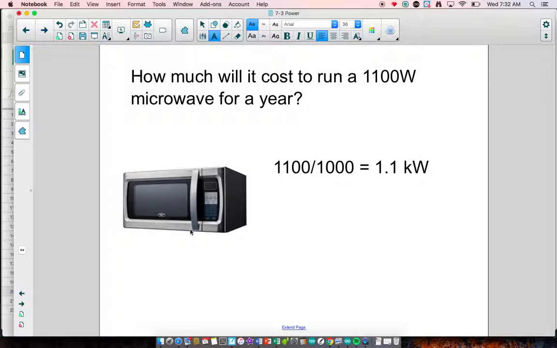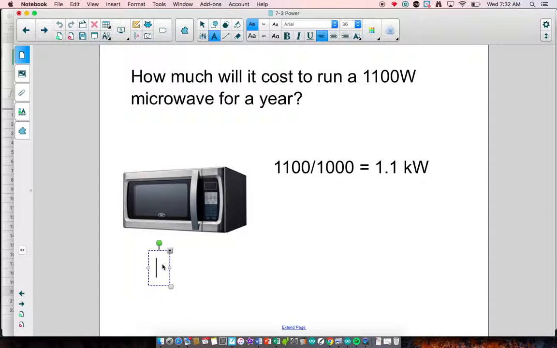Well, if that was the case, then you'd probably use your microwave for about, I don't know, 30 hours a year. But let's assume that you have left your microwave on for a year straight. You were cooking a burrito from the gas station, and it was very, very, very frozen. You were cooking it for an entire year. How much would that cost to run your microwave for 1 year solid?